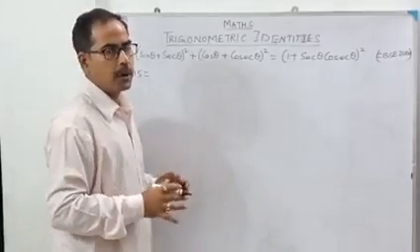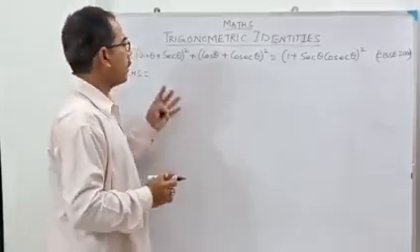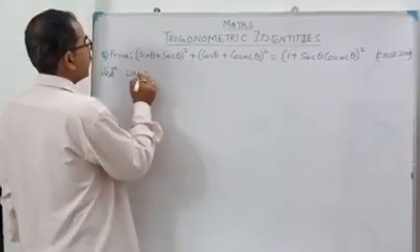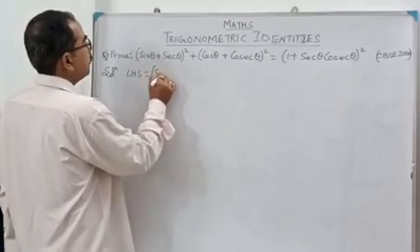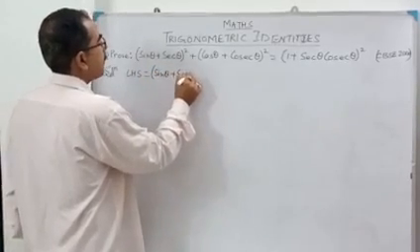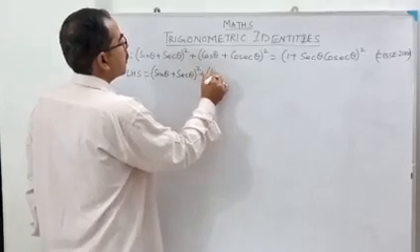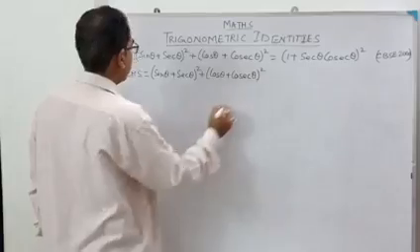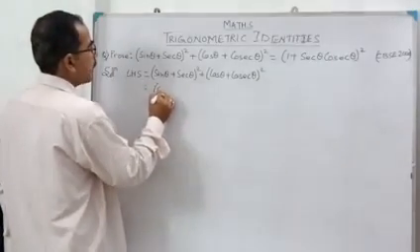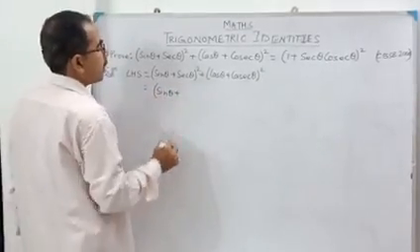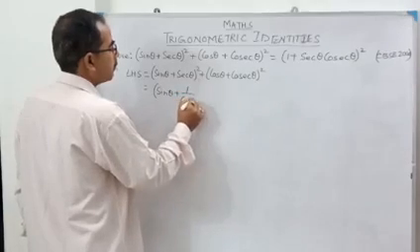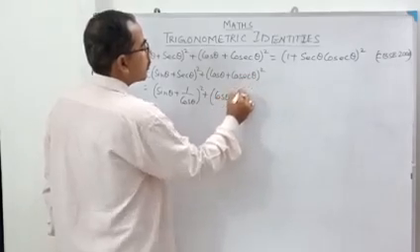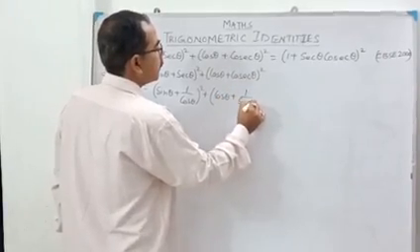We can start from the right hand side also, we can start from the left hand side also. It depends upon the problem whether you start from the left hand side or the right hand side. Suppose LHS here: sin theta plus sec theta whole square plus cos theta plus cosec theta whole square. So that is equal to sin theta plus sec theta, which is 1 by cos theta, whole square, plus cos theta plus cosec theta, which is 1 by sin theta.